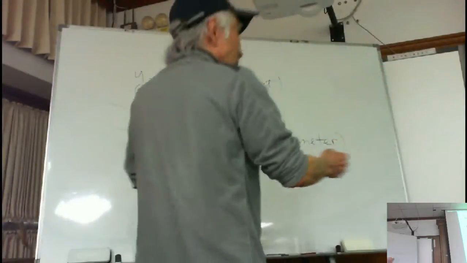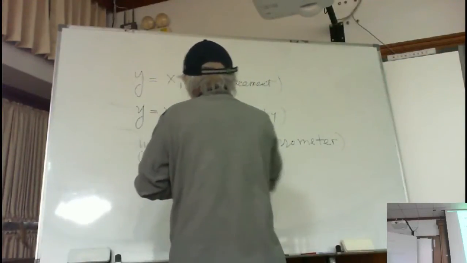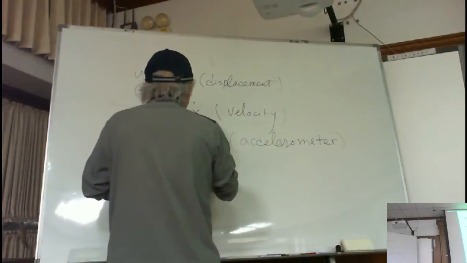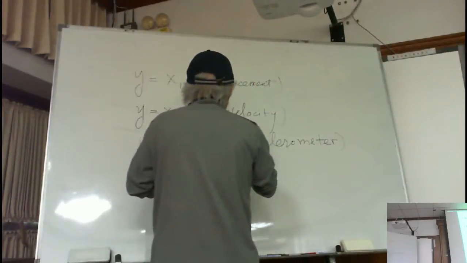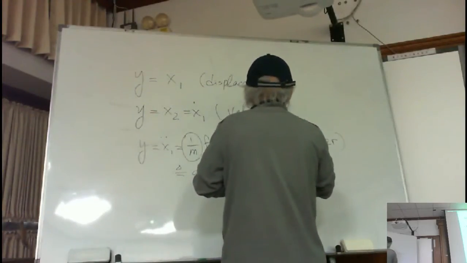And this f is the force. And this 1 over m, normally we define that equal to d. We call it d. Why d? D means direct transmission term.